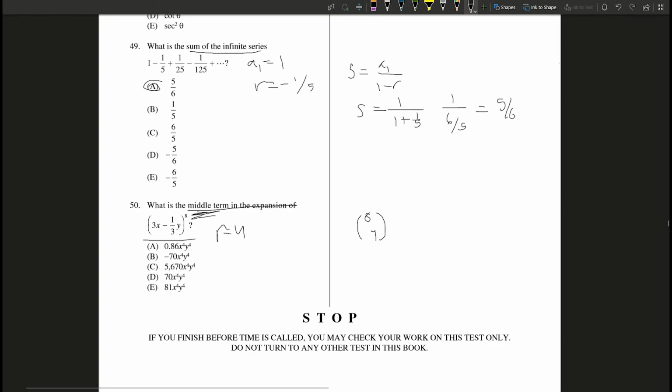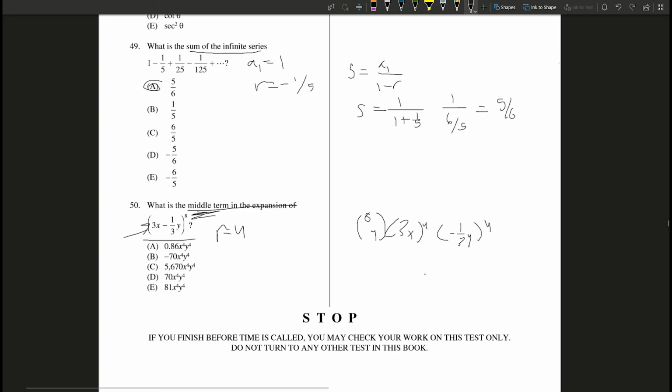The second term in this expression is to the r term, and then the a term, which is 3x, is to 8 minus r. So that's also going to be 4 because it's just the middle term. So 3x to the 4th multiplied by negative 1/3 y to the 4th.